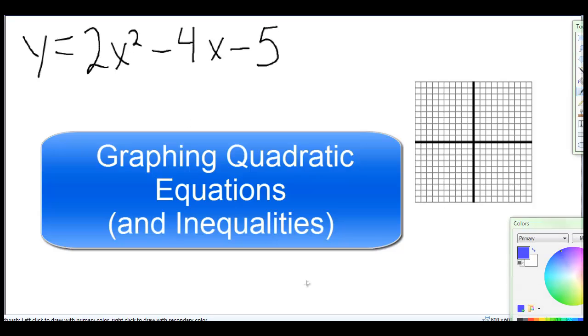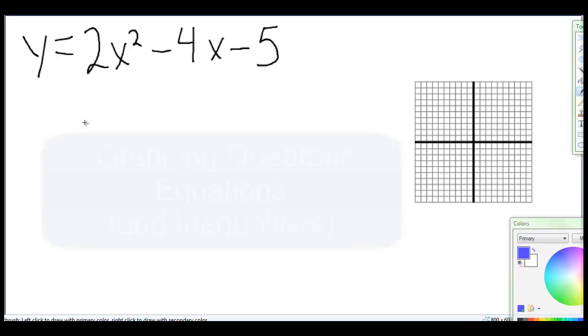All right, so now we are going to work on graphing this quadratic. To graph a quadratic, of course, the first thing we need to do is find the vertex. And the vertex is found by first finding the axis of symmetry, x equals negative b over 2a.